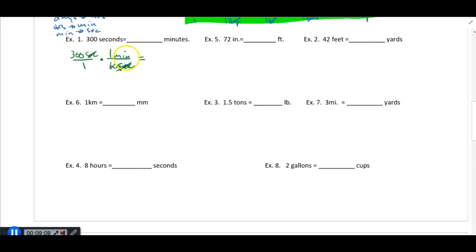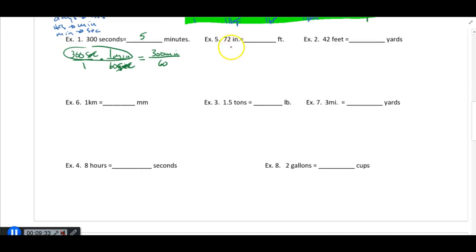So now I have it down to minutes. When I multiply across the top, 300 divided by 60 would give me 5 minutes. Now, you could also know that if there's 60 seconds in a minute, 300 divided by 60 is going to give you 5 minutes.